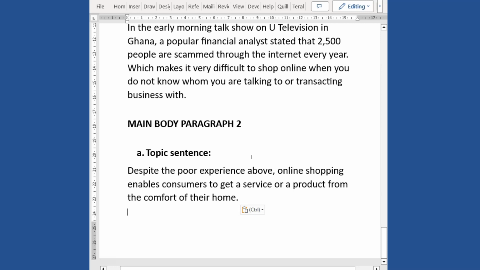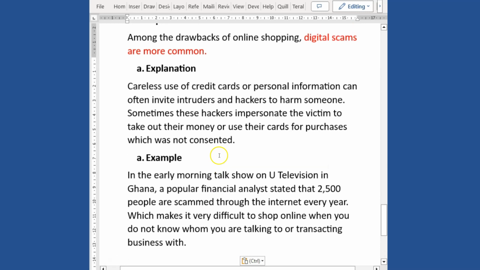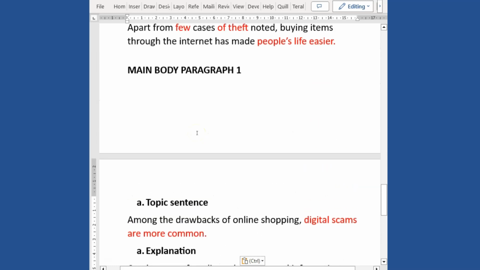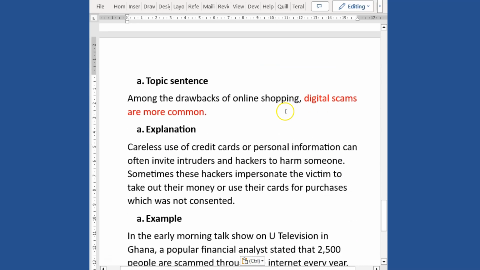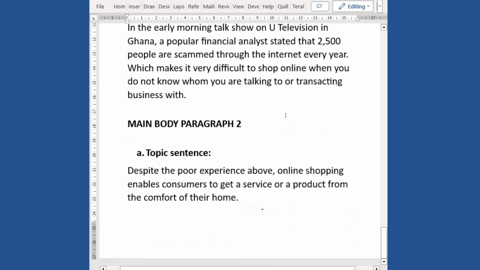So despite the poor experience above, remember, don't forget the idea that you're going to deal with. We are talking about how the internet has made people's life easier. So the first one was few theft cases, and this one is about people's life being easier. That's what I'm going to talk about in the second body paragraph as the one that I believe in.